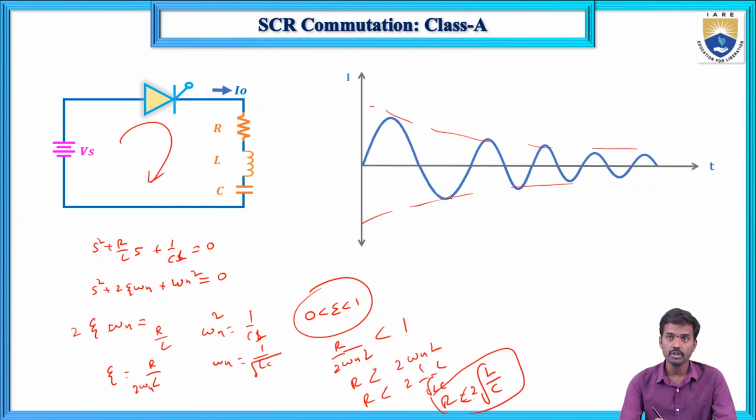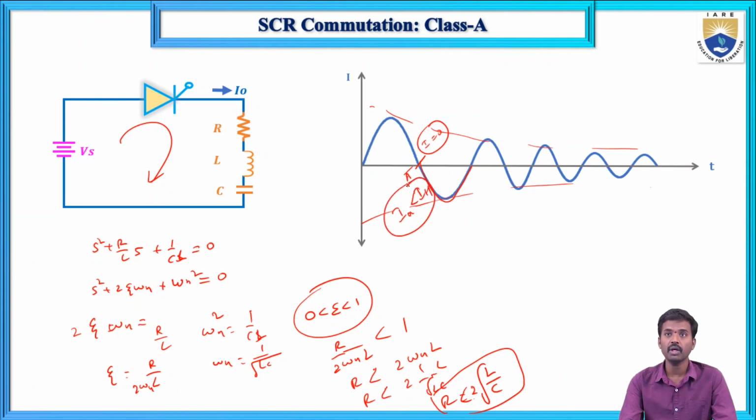In the underdamped system, the current response looks like this, and here it is positive and negative, and at this condition the current value is 0. So this output response current value is 0, and after that it is in a negative value. A negative value means this anode current is less than the holding current.